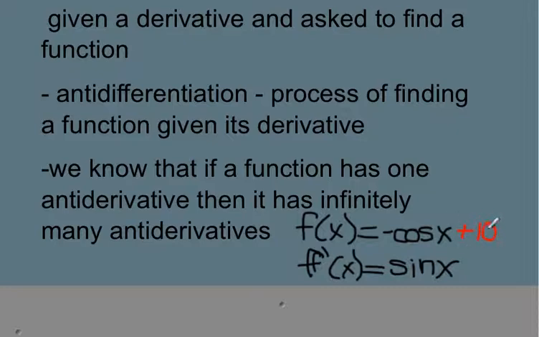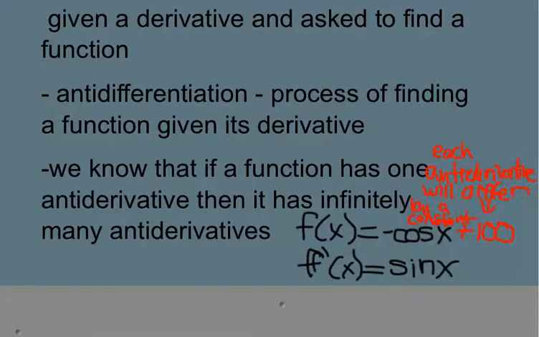Basically each antiderivative will differ by a constant. It could be negative 10, it could be any value in here.